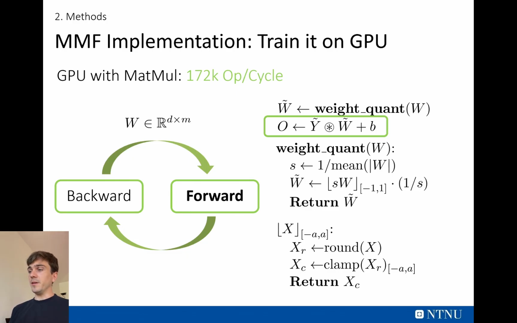This means that you are making the weights ternary basically, and then you multiply it again by 1 divided by S, which is you multiply it by the mean. So the value of the weights will be either minus mean of W, 0, or mean, if that makes sense.